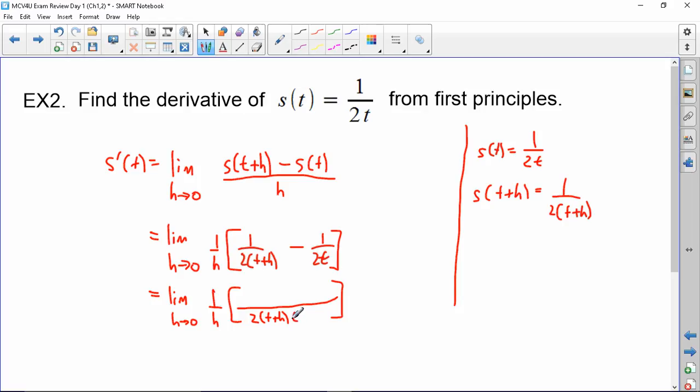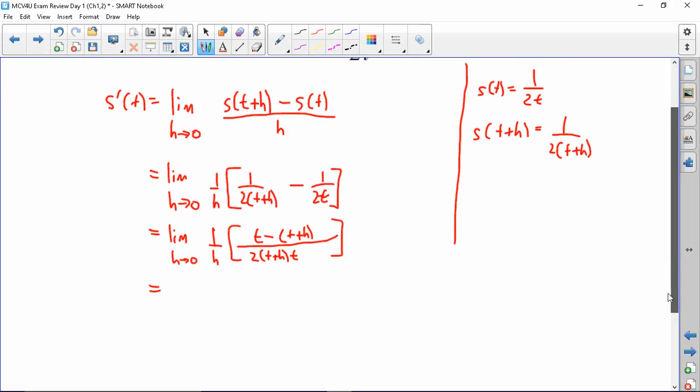There. And so here, what did I need to multiply by this expression to get to the common denominator? Well, just t. Writing down that minus sign. What did I multiply by this expression to get to the common denominator? T plus h. And then what do we got?